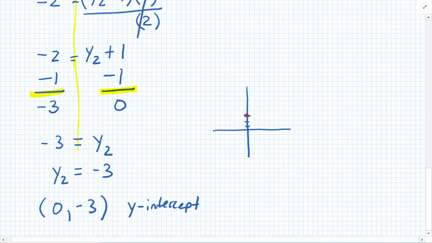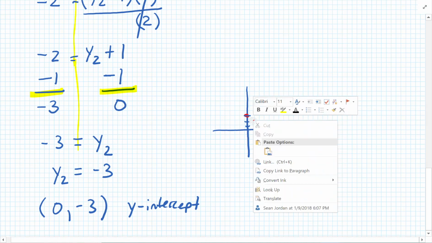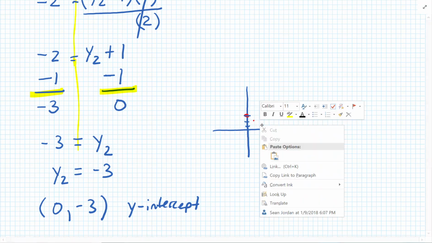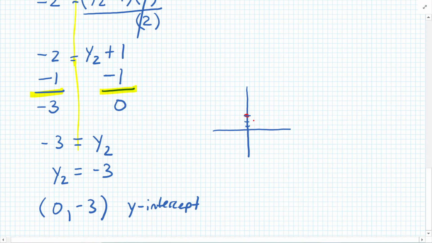Not sure what's going on here. That's a point. Come down 1, go over 1. Okay. Connect these points. The line's going to look something like that.